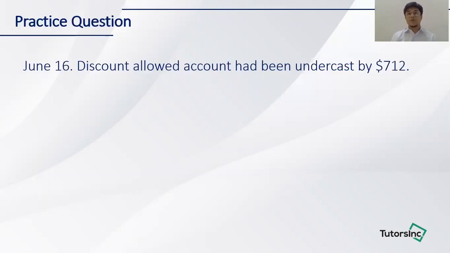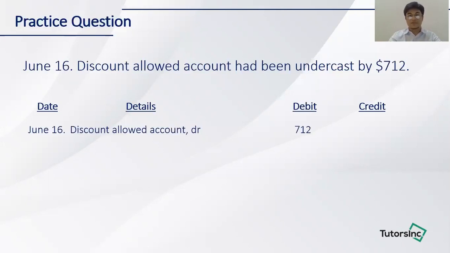which means we need to increase the value by $712 in order to correct this error. So we need to increase the value of discount allowed account, which is an expense account, which means it is a debit account. In order to increase the value of a debit account, we debit the account by the equivalent amount. So discount allowed is going to be debited by $712, and against this we are going to credit suspense account by $712, since we have no other account to credit against the debit entry that we have made.